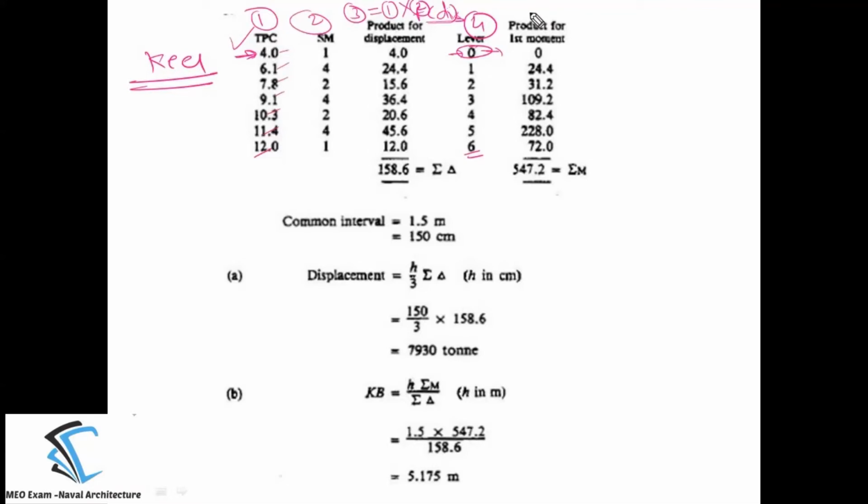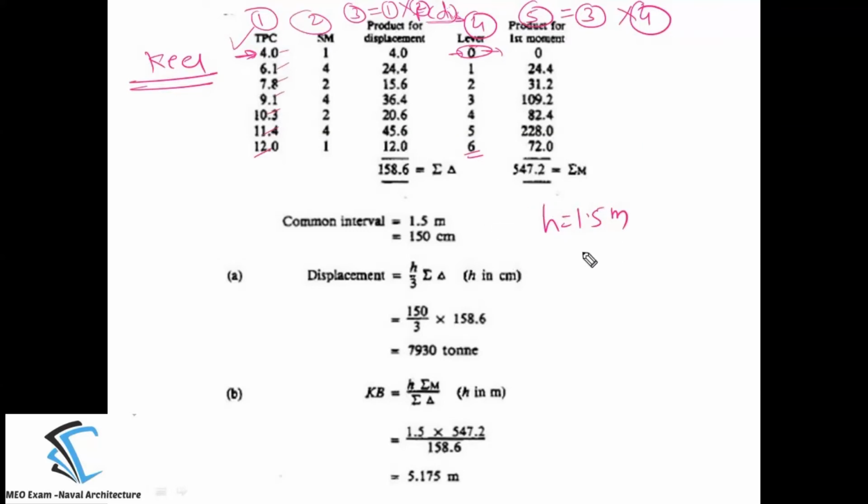The column number 5 is your product of first moment, that is column number 3 multiplied by column number 4. The important thing here, whenever you have the ordinate as a TPC, the interval you have to take always in centimeter.